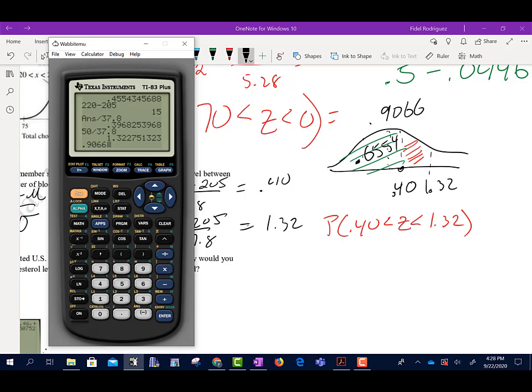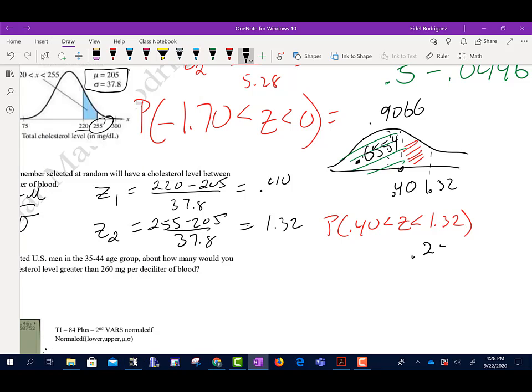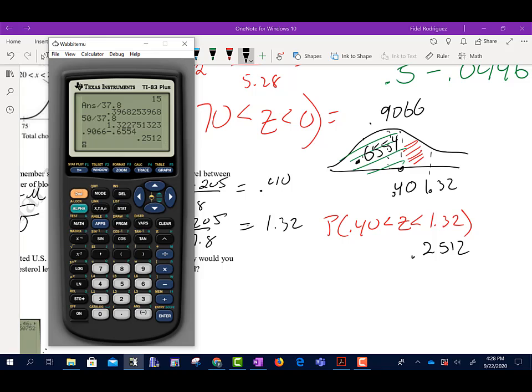0.9066 minus 0.6554, and I'm coming up with 0.2512. If you want to use your calculator, you can always go 2nd, VARS, normal CDF.